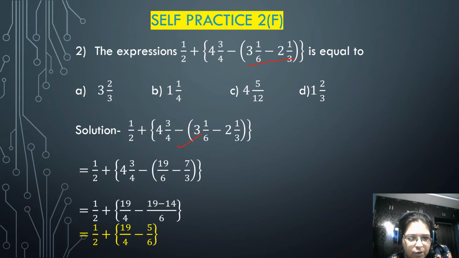So 6 multiplied with 3 is 18, 18 plus 1 is 19, 19 divided by 6, and 19 divided by 6 is the improper fraction of the mixed fraction 3 1 divided by 6. And convert this mixed fraction 2 1 divided by 3 into an improper fraction. Just multiply the denominator 3 with whole 2 plus numerator 1. 3 multiplied with 2 is 6, 6 plus 1 is 7, 7 divided by denominator 3.